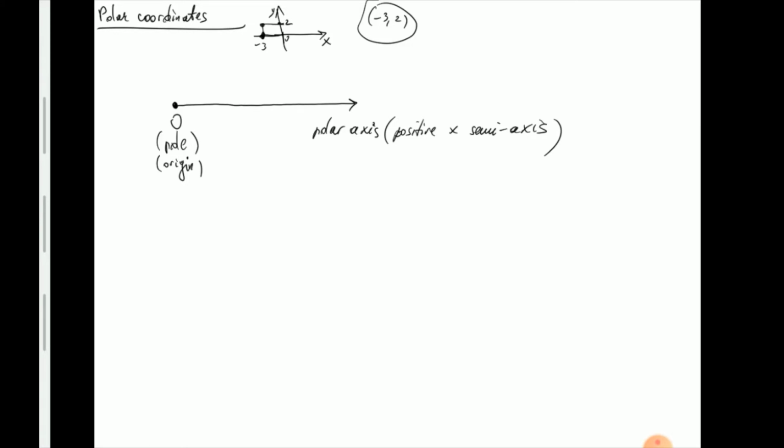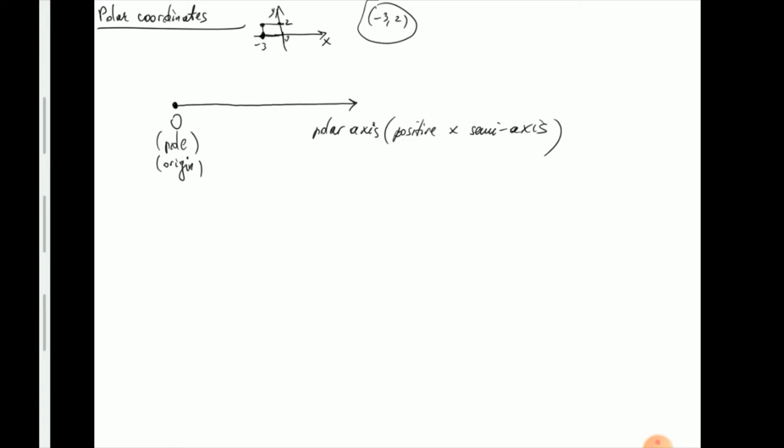It doesn't have to be; there's no meaning in terms of the x-axis. Just the semi-axis will do as long as it's fixed. So these are the fixed elements in the coordinate system: a point called the origin, denoted by O, and a semi-axis which for practical purposes will coincide with the positive x semi-axis in the Cartesian coordinates. That's why you draw it horizontally.